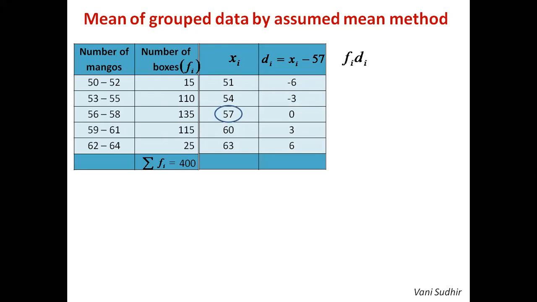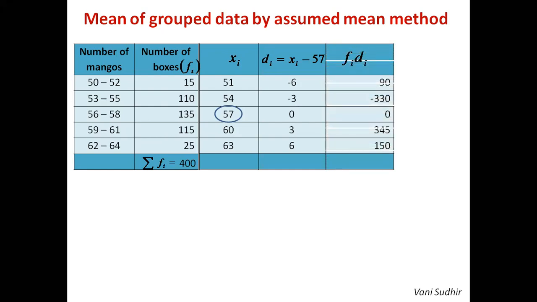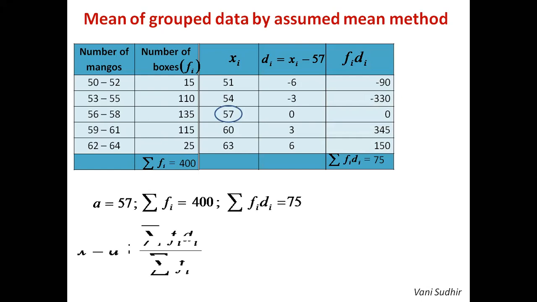Next, we need to find the product of di's with the corresponding fi's and take the sum of fi di, that is 75. So the assumed mean is 57. Sum of all observations is 400. Sum of fi di values is 75.